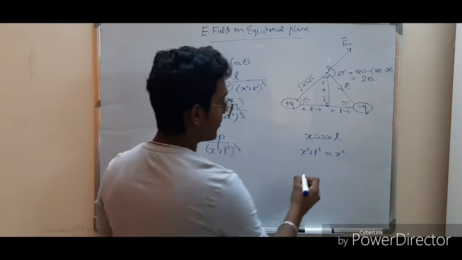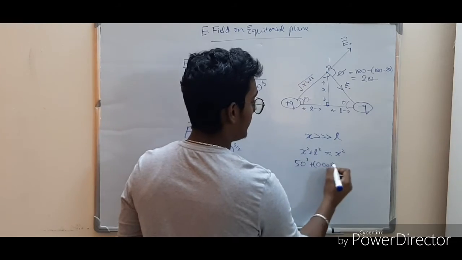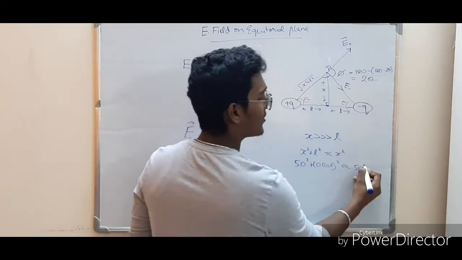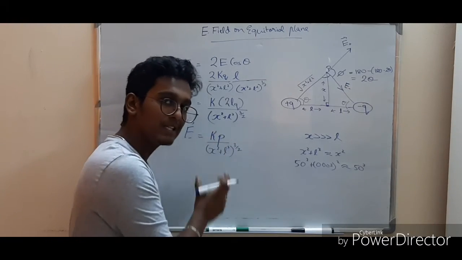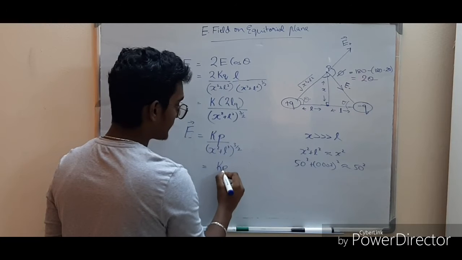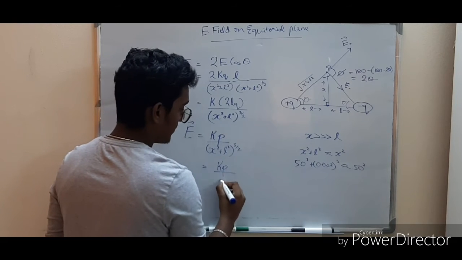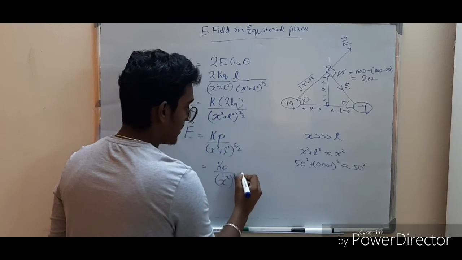As I have shown in the example, it's like adding 50 squared and 0.002 squared, which is still going to be around 50 squared. It's not going to make a big difference. So we're going to write x squared plus l squared as x squared. So you get kp divided by x squared raised to 3 by 2.